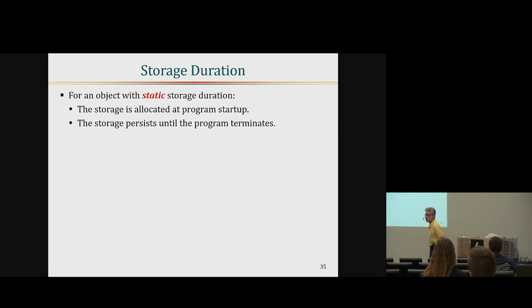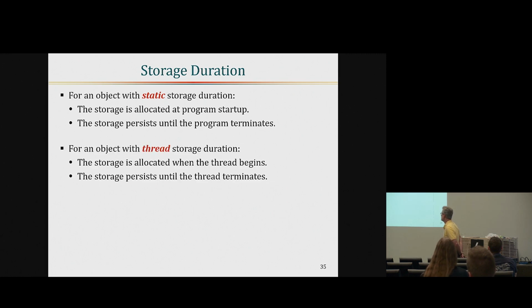So what does static storage mean? It means basically the storage for the object is allocated when the program starts. And the object stays where it is in place for the entire execution of the program, and it goes away. Well, after the program's done running, you don't care whether it goes away or not. Thread storage duration, there's a real similarity between that and static.